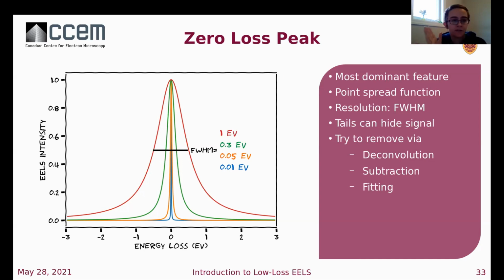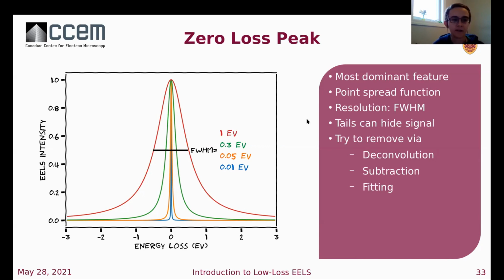It's located at the zero of the energy loss spectrum, so it is great for having a calibration reference. And the full width of the zero loss peak is going to determine the resolution of your spectrum. And the shape of this peak determines what you can see in the low loss and how low you can go into the low loss.